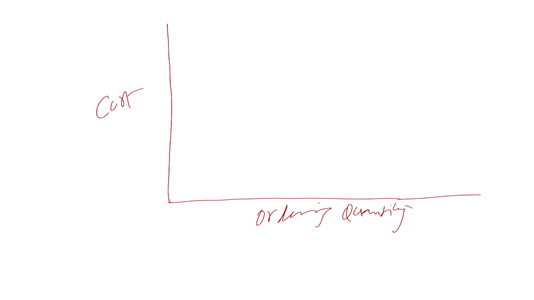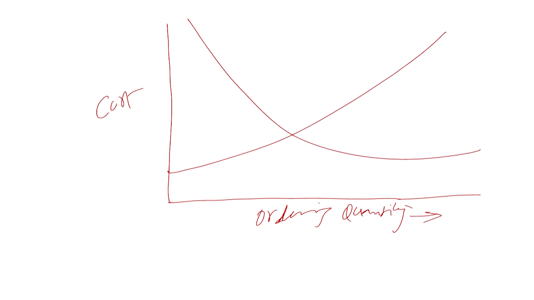So, we have something like this, it moves like this. In the ordering quantity, this cost behaves like this. This is called the carrying cost, and this cost is called the ordering cost.